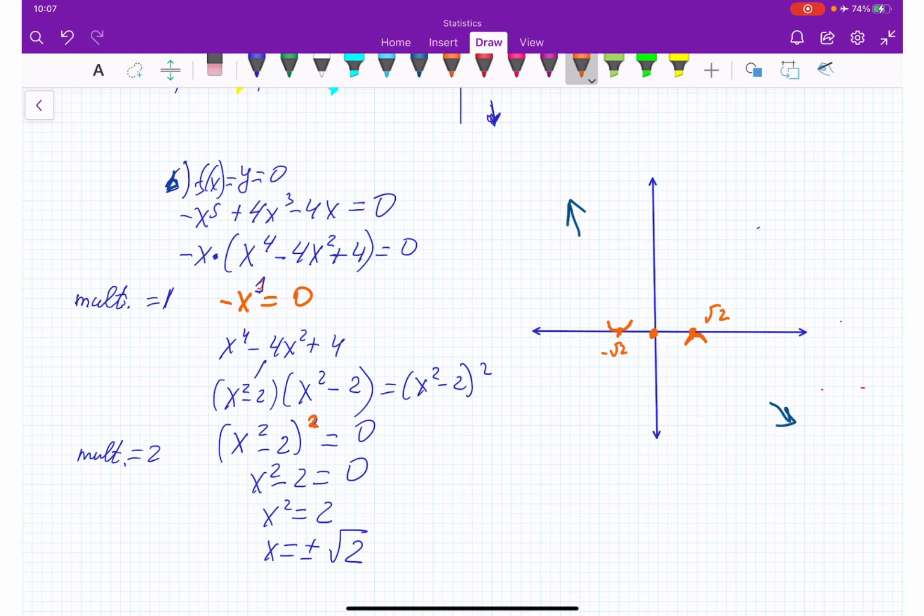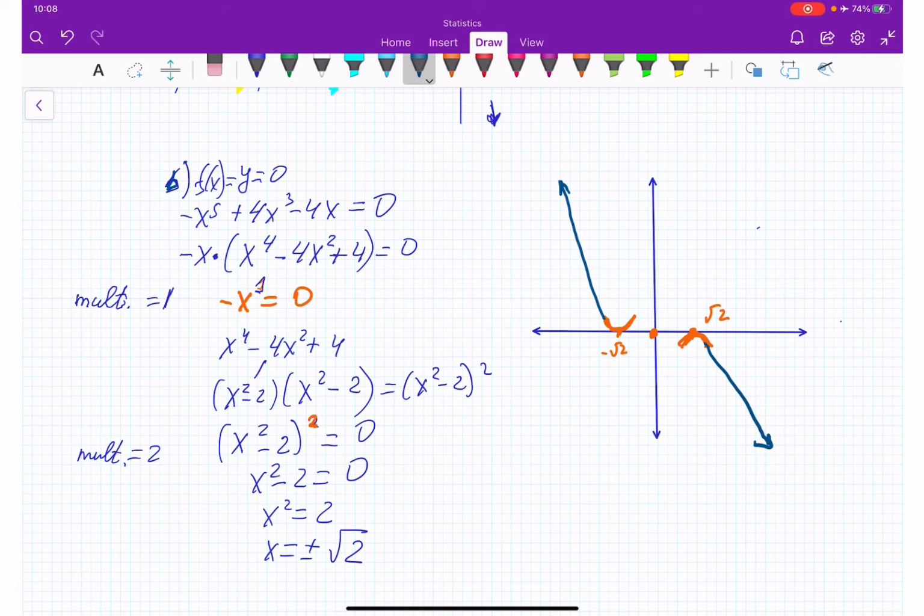Therefore, what's going to happen? Let me curve this or turn around, and the graph from here is going to go like this. And graph from here, it's going to go like this.